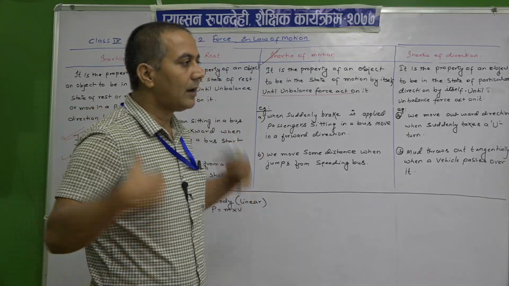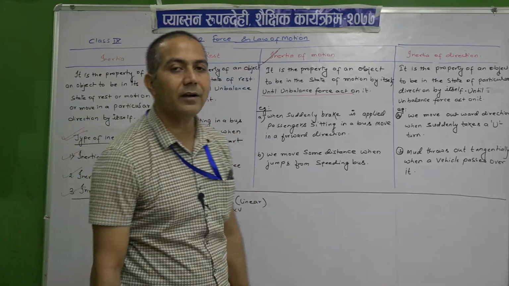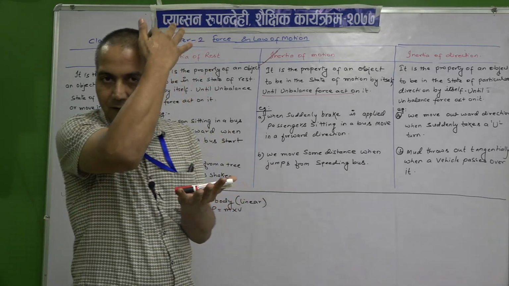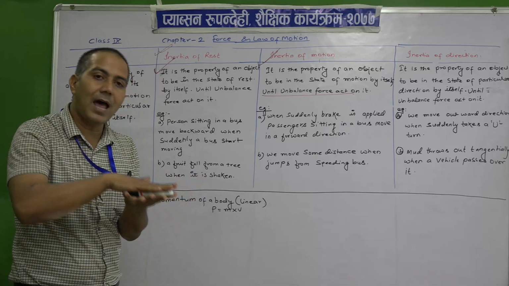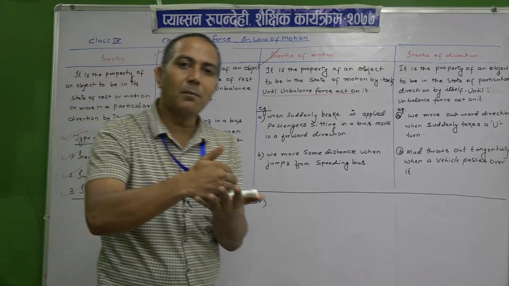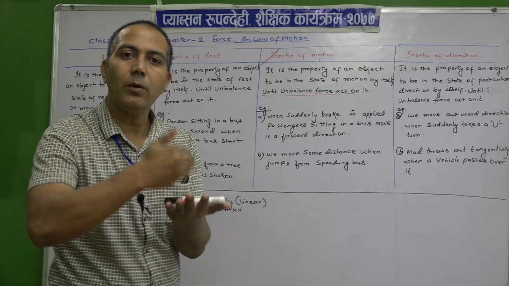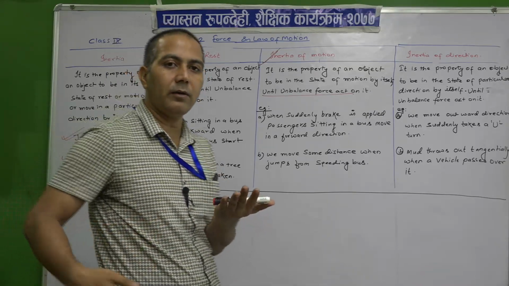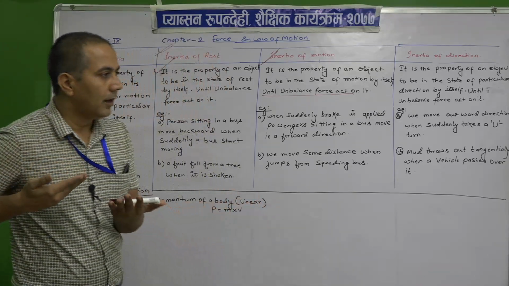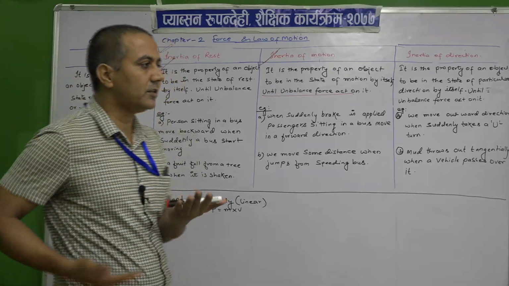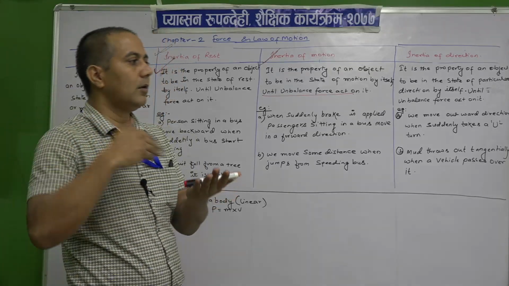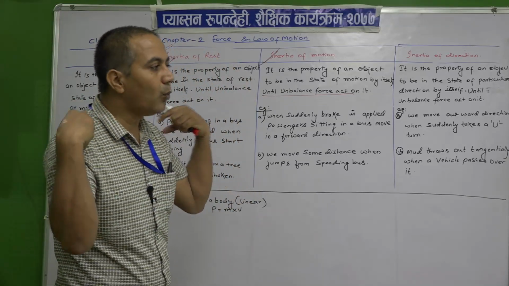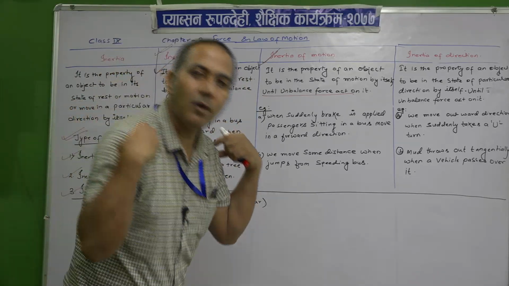When a brake is applied, the lower part, the leg part, will come to rest, but the upper part, which is hanging above, will move forward because it wants to stay in the state of motion.